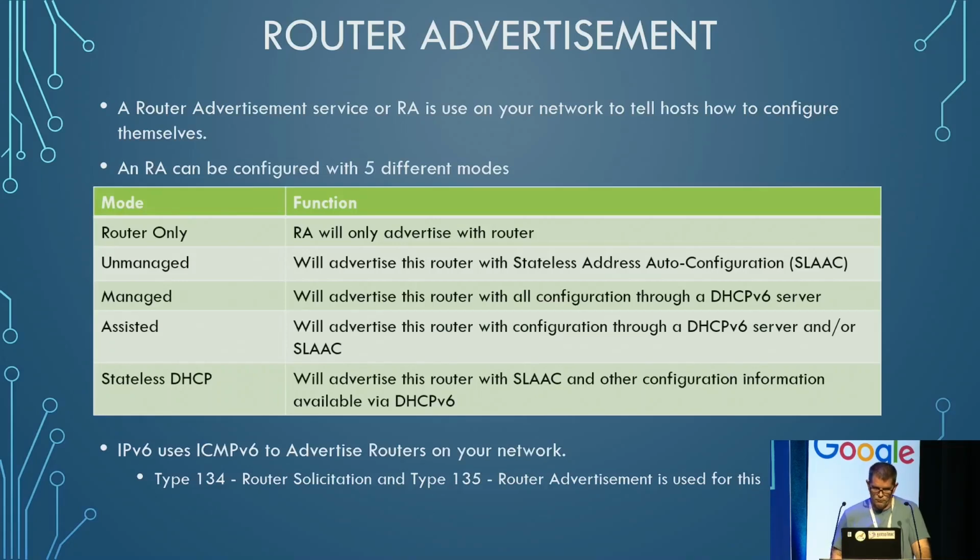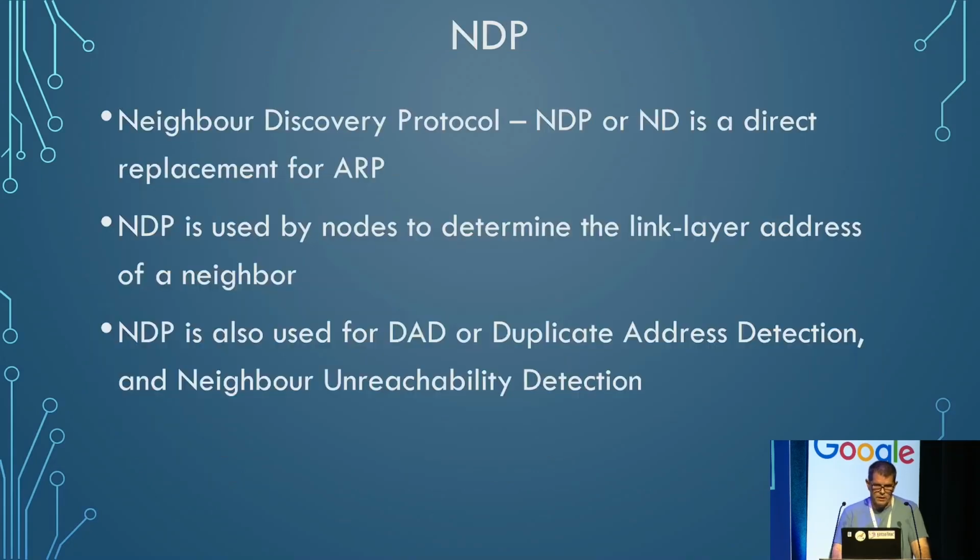ICMP again is used for this, and it's types 134 and 135 used to communicate to that FF02::2 to communicate with the RA. NDP, or ND as it's known, is the Neighbour Discovery Protocol.